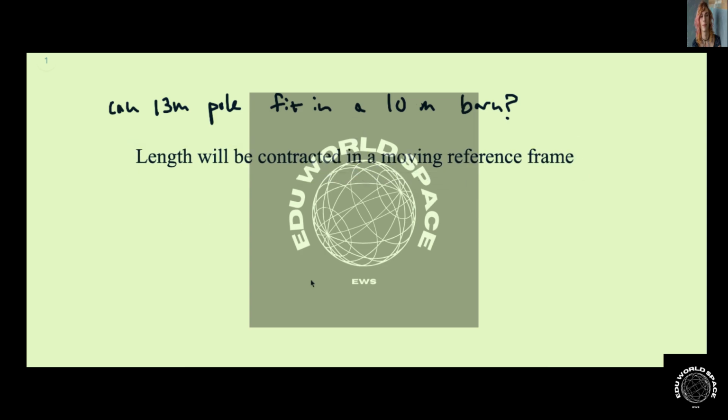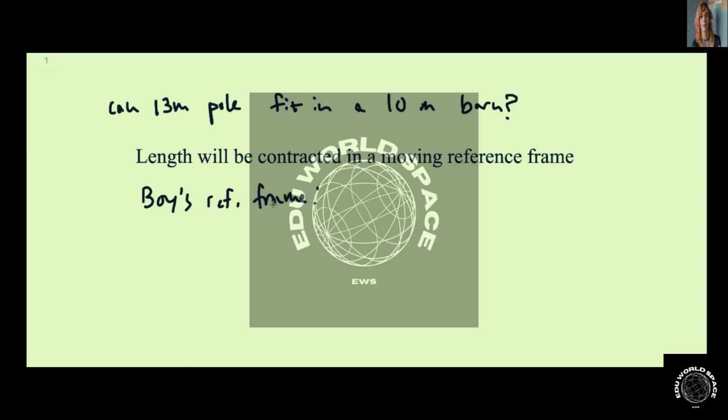So let's start with the reference frame of the boy. Boy's reference frame.